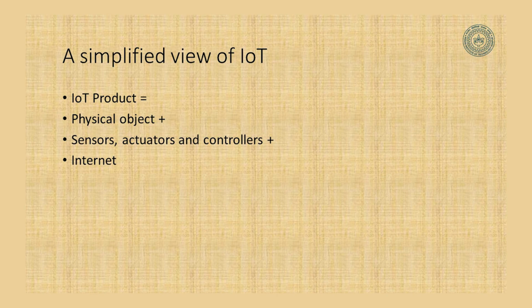To that we attach some sensors, actuators and controllers. You have seen the example of using the ESP32 and the ESP8266 boards. These are microcontroller boards which can connect to a Wi-Fi network.